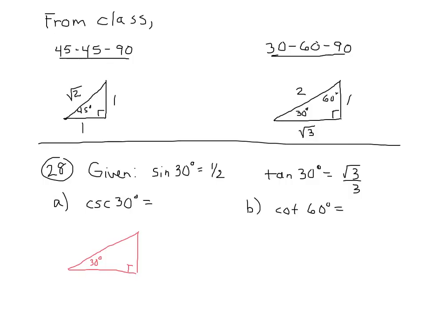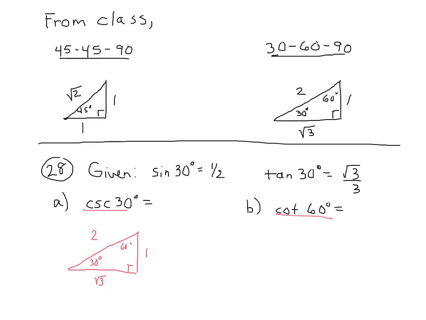Sine of 30 is opposite over hypotenuse, so it's 1/2. I can use the Pythagorean theorem to find that this side is square root of 3. So at this point I can answer any of the questions. I know this is a 60-degree angle, so really I can find cosecant of 30 and cotangent of 60 without knowing tangent of 30 is square root of 3 over 3.